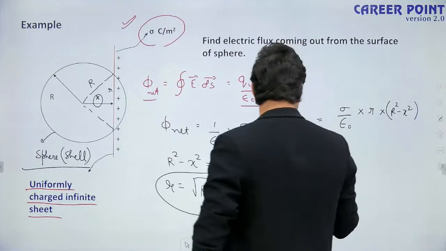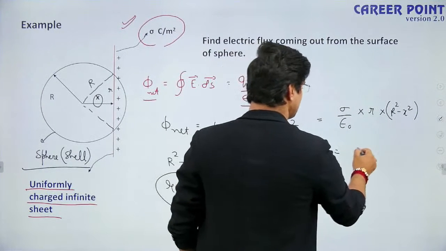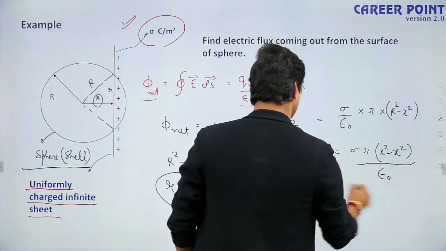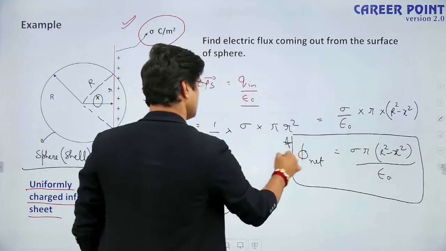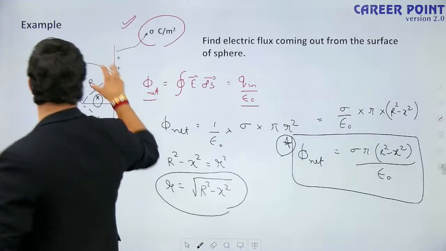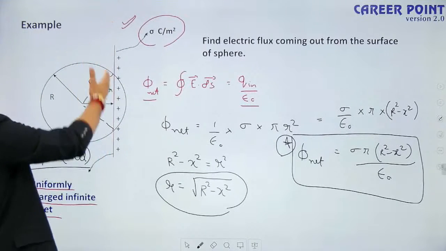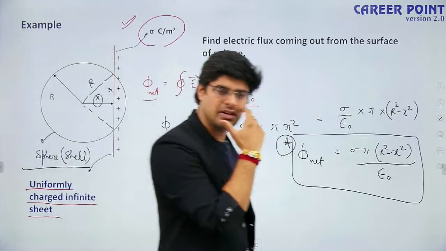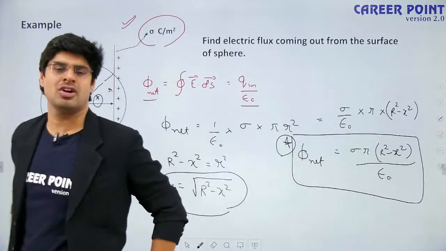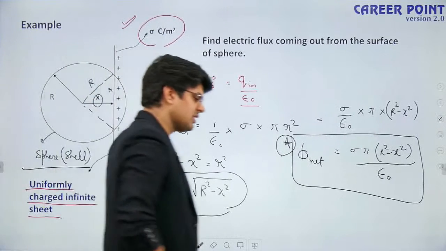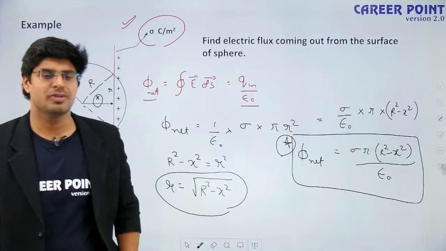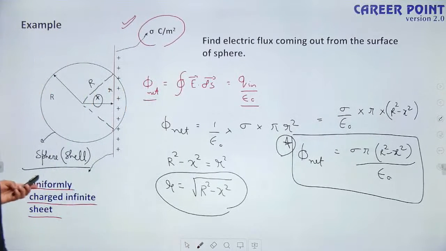So from here phi net is equals to sigma pi (R square minus x square) by epsilon naught. So this is going to be our net flux coming out of this spherical shell due to this sheet which is stuck inside. Is that clear? Did you understand what we are doing? How we are applying the equation of Gauss law in order to find electric flux coming out of a closed surface? No problem. Let's move on to next example.